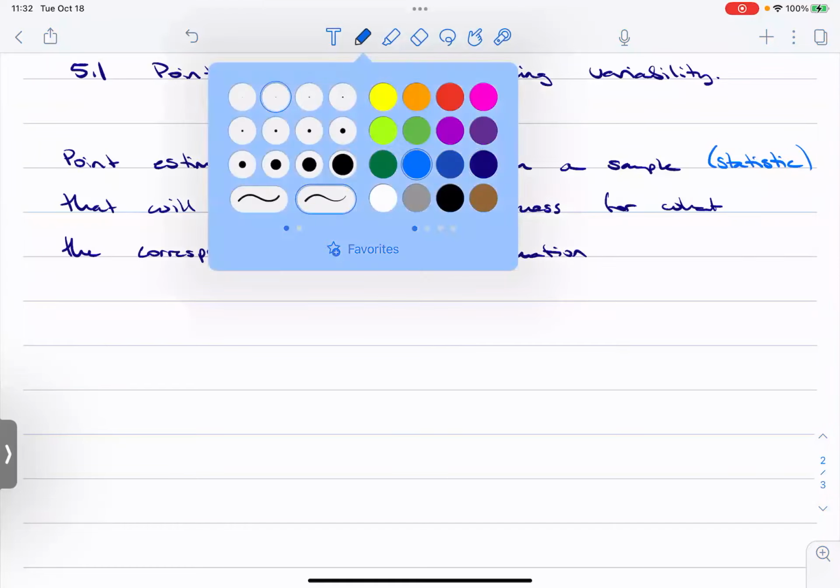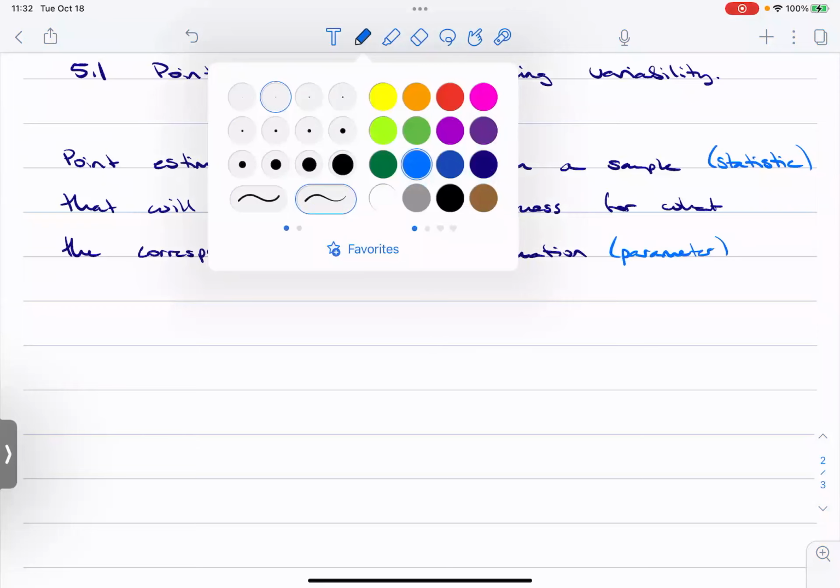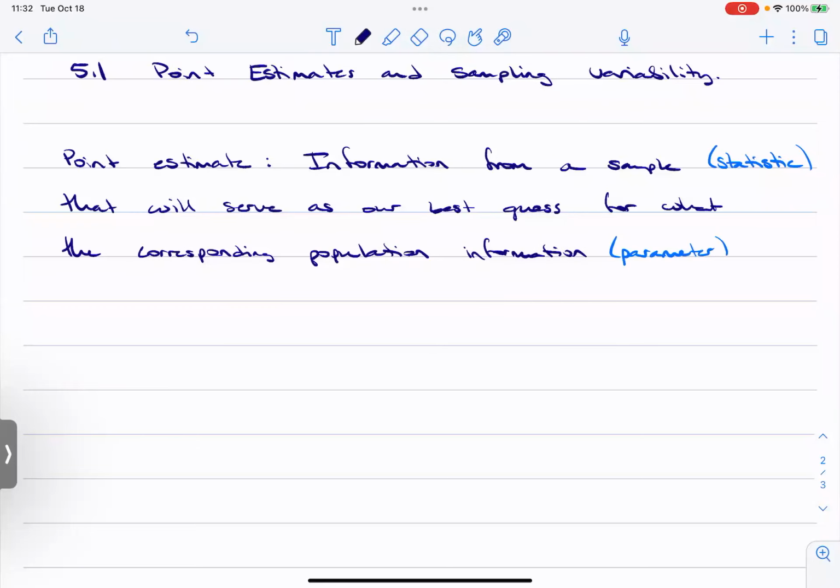Population information is a parameter. And so the point estimate is going to be that statistic, a measurement from the sample, and it is going to have a corresponding parameter that we're trying to infer something about.